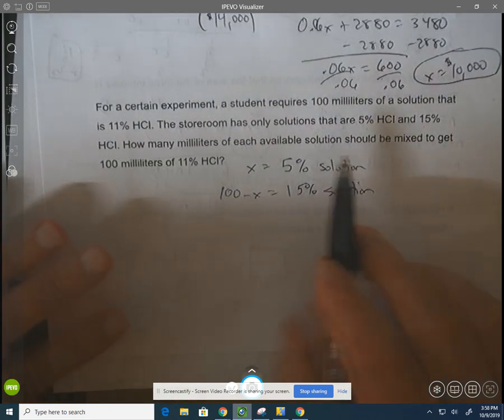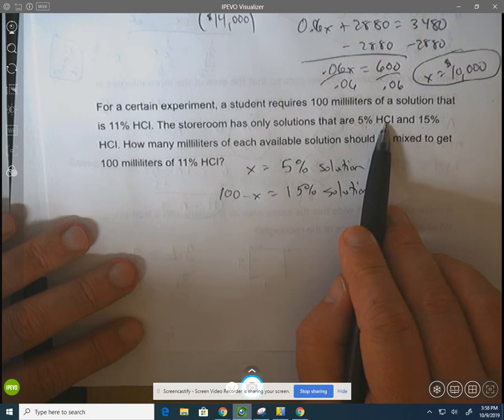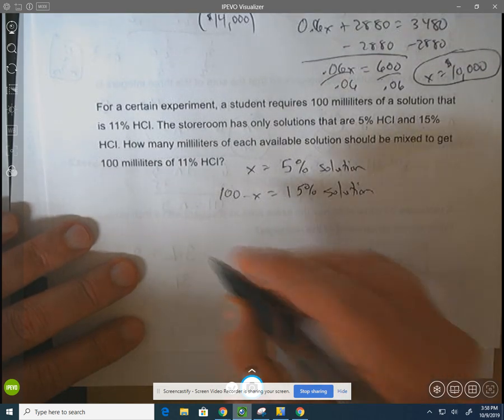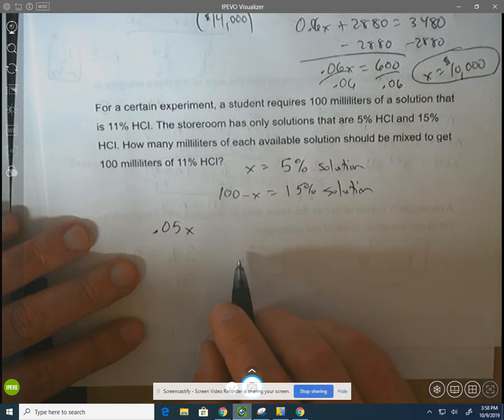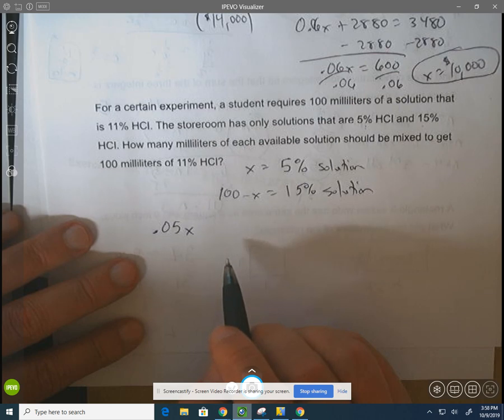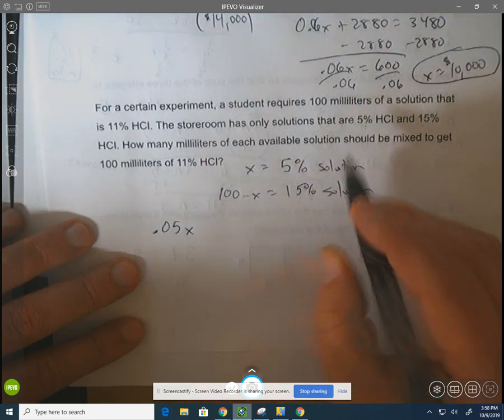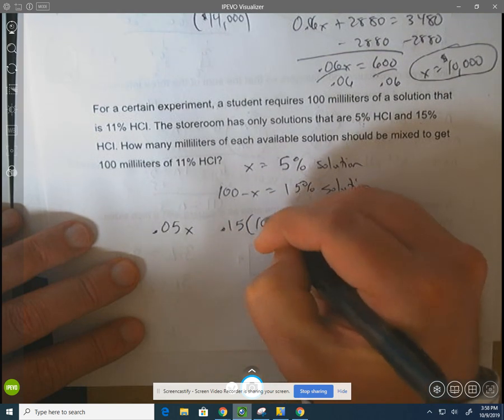So now I'm going to focus on the two mixtures. If it's 5% hydrochloric acid, how much pure acid is that? Well, that is 5% of whatever I have, and I have a total of X milliliters. The other one is 15%, so 15% of whatever I have.